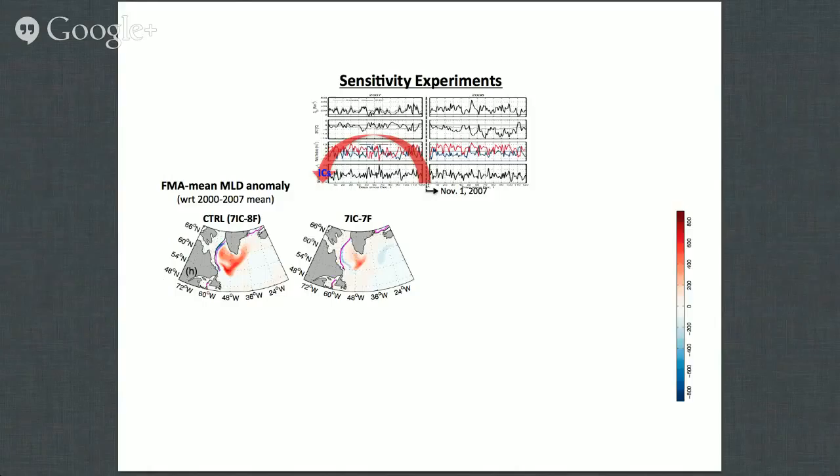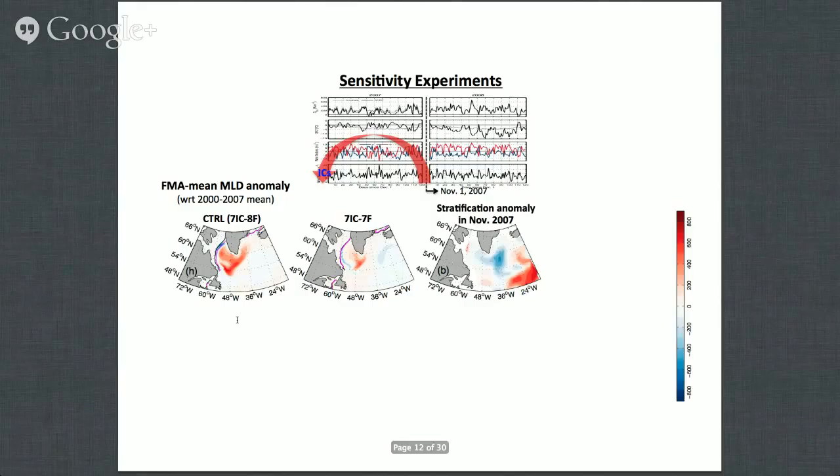But when we use the 2007 ocean initial condition with 2007 forcing, the deep convection anomaly is pretty much not there. This is consistent with the stratification anomaly in November 2007.